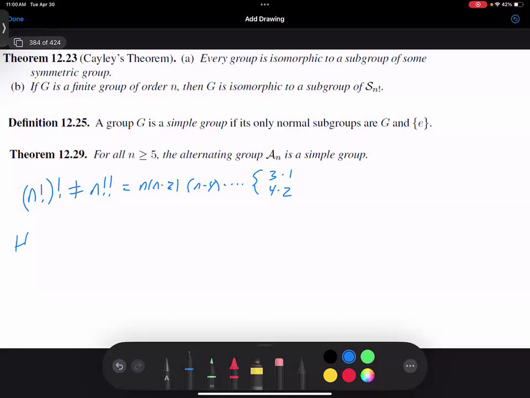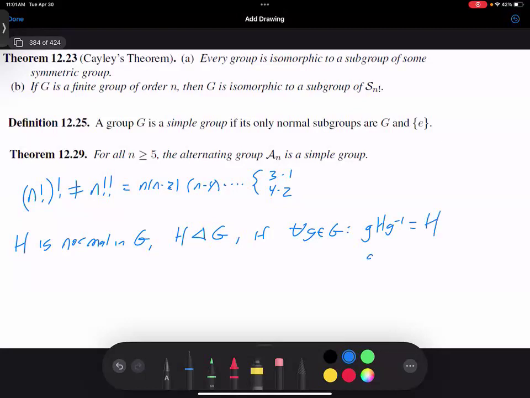And recall, H is normal in G, and we write H with a triangle like this, G, if for all g in G, what's true? So what does it mean for a group to be normal? Yep.